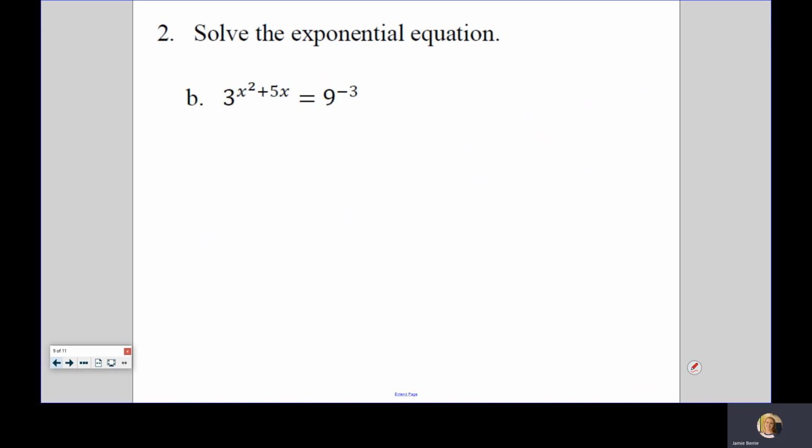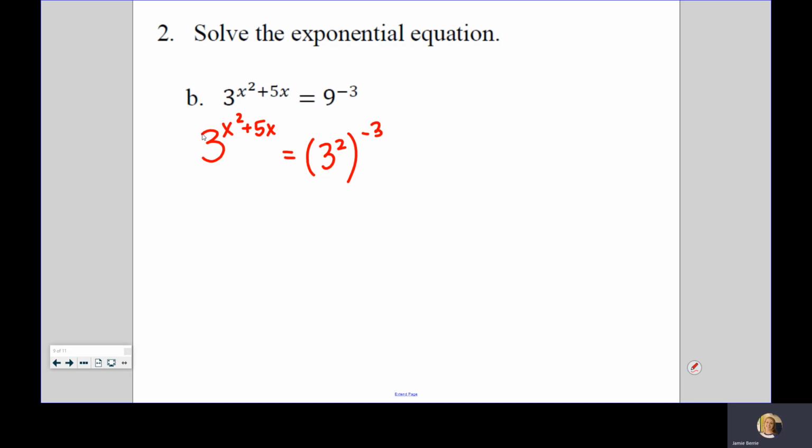It's already by itself, so we can skip step 1, which means we're on to step 2, which just means make them have the same base. We start over here and say, how can we rewrite 9 as 3 to some power? Yeah, just 3 squared, keeping that exponent of negative 3 out there.